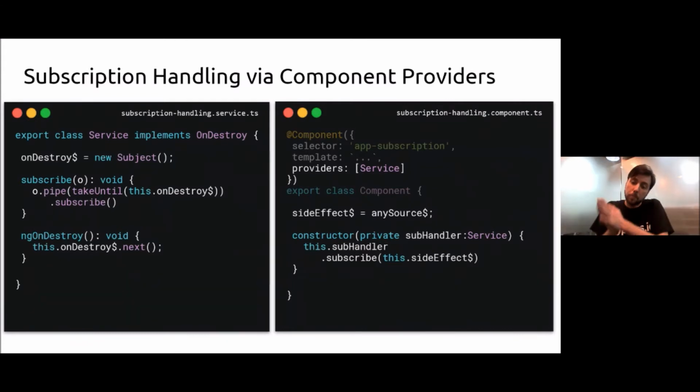So the lifetime of the component is equal to the lifetime of this service. If I now use the subscribe method of this service in my component and I initialize a subscription, the unsubscribe happens automatically when my service, or my component in particular, gets destroyed.